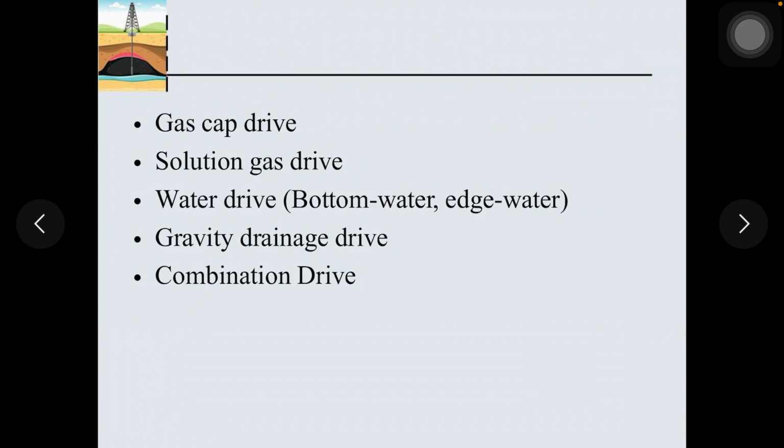It is not necessary that in one particular drive mechanism only that particular source of energy is present. In case of gas cap drive, there could be water drive also, or in solution gas drive, gas cap drive can also play a role, but this classification is based on the presence of the dominant source of energy.